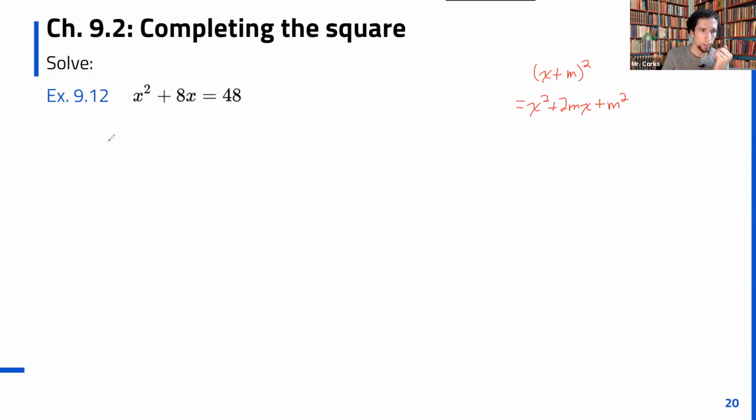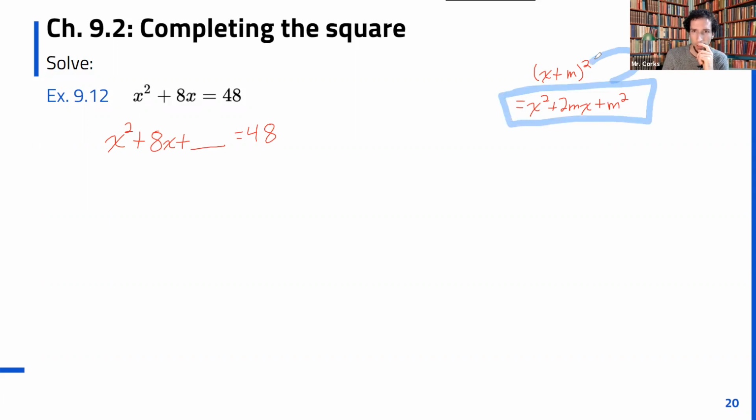So what we want is to create a nice, clean, perfect square here with a binomial. So I want x squared plus 8x plus something. And the 48 is still going to stay there over on the right. But I want a something that's going to make it look like this so that I can change it into this thing on the top.